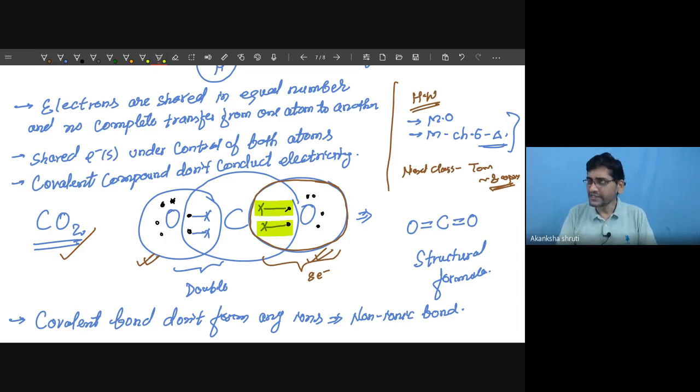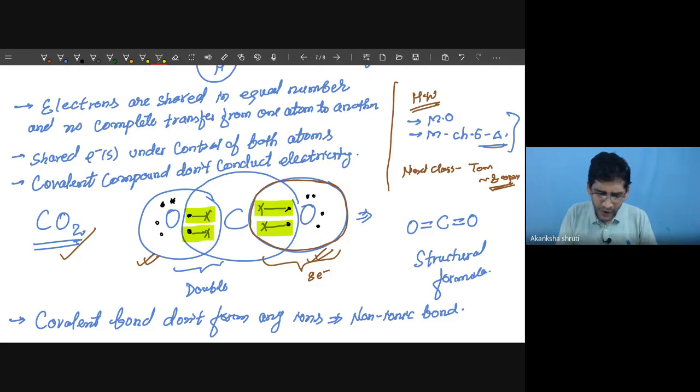Can we say carbon is forming a triple or quadruple bond, meaning 4 pairs of bonds? Students, if we count for the carbon, we observe this carbon is forming a total of 4 bonds. But the type of bond, like single bond, double bond, triple bond, is defined between 2 atoms.